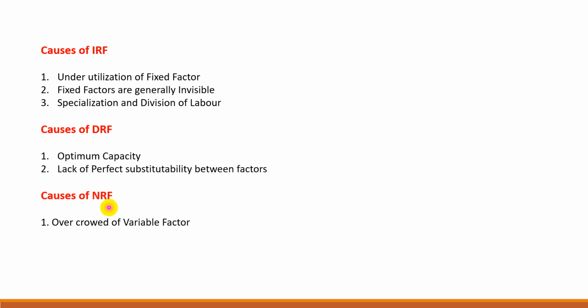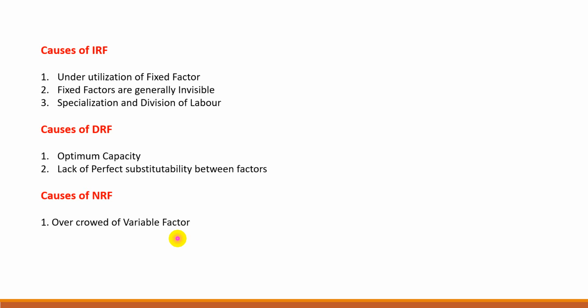Causes of negative returns to a factor: overcrowding of variable factors. In the third stage, marginal product becomes negative due to the fact that the units of the variable factor become too large relative to the fixed factor.